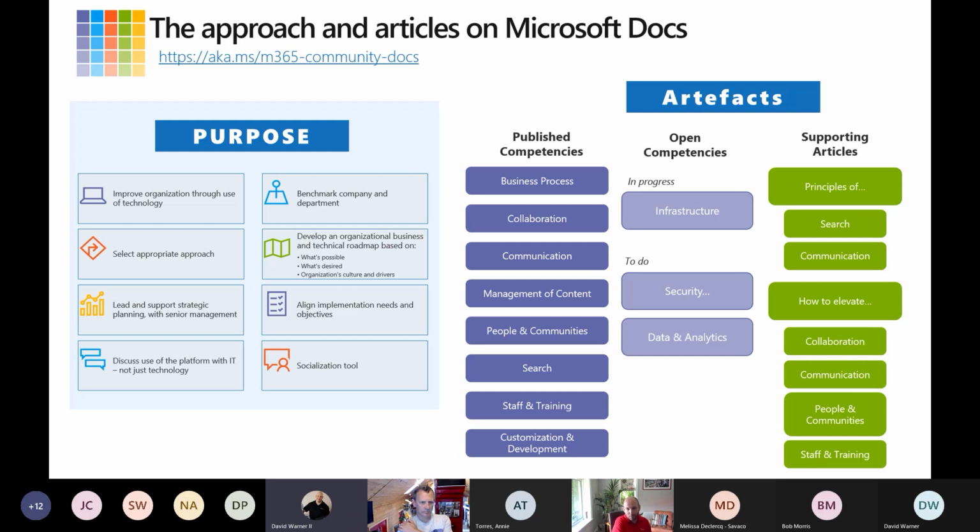That's probably one of our weaker areas as a collective. But we do have supporting articles on how to elevate from one level to another for a particular competency. So if I take customization development, how you'd elevate from a level 100 to a level 200. And we've got some principles as well, helping understand the principles of search or communication.